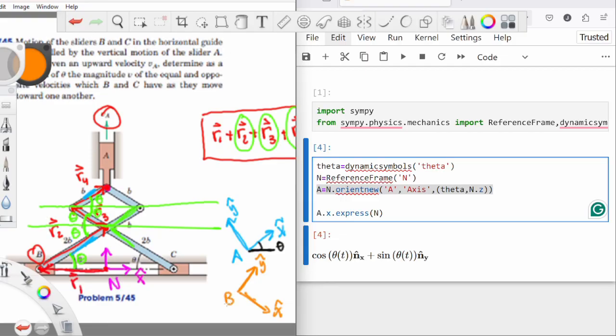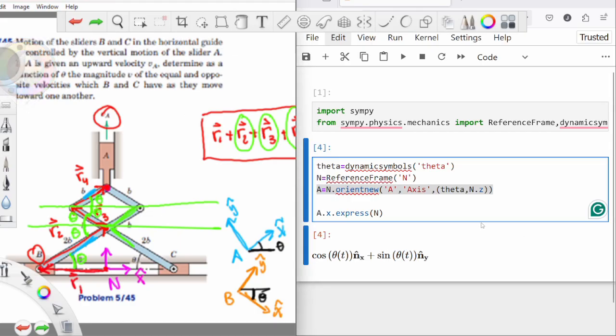We will call this frame B, and you can again observe that the relation between B and N is also the angle theta, and we choose this frame of reference so that the BX axis aligns with our vector R3, and just R3.